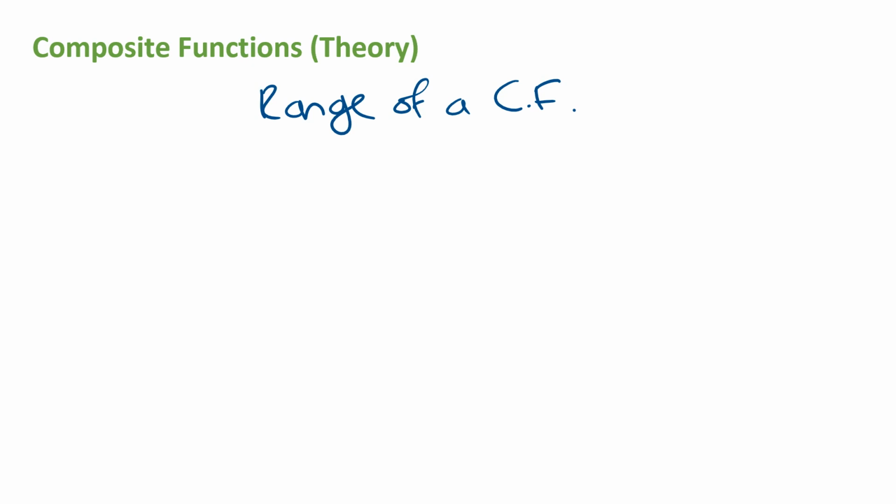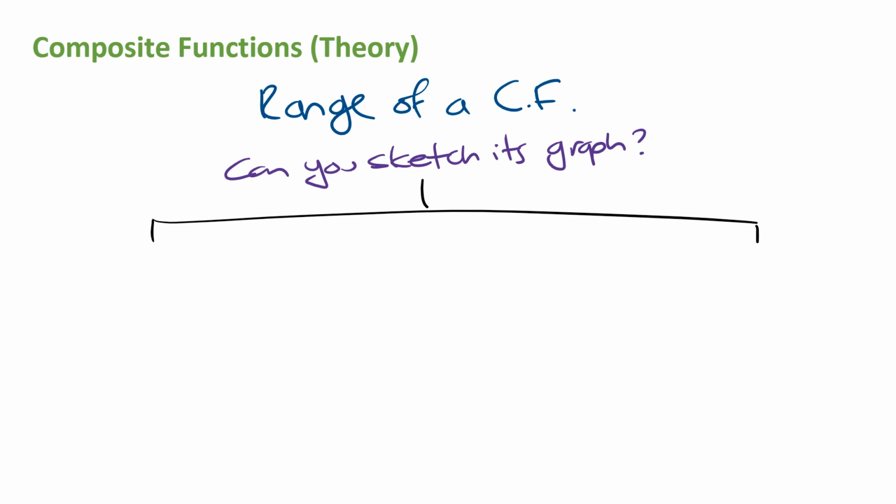Once you work out the rule of the composite function, you need to ask yourself, is this a function that you've been taught how to sketch? Like, is it a parabola, or a square root, or a hyperbola? And if it is, then all you need to do is sketch the graph of the composite function.